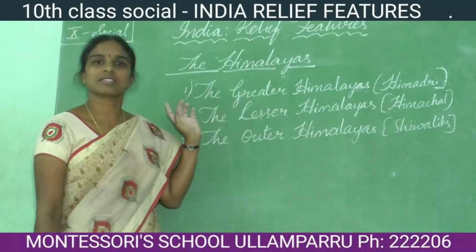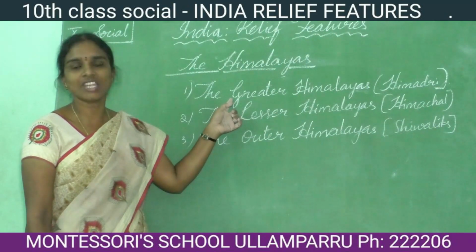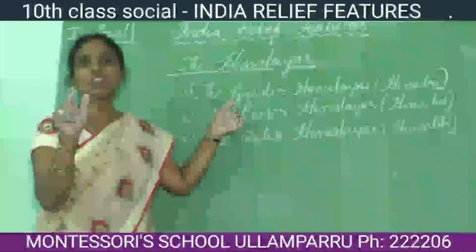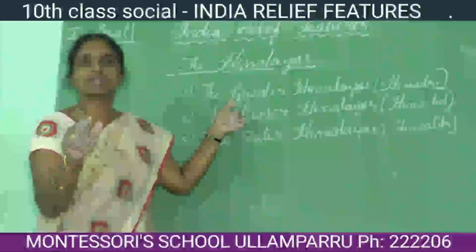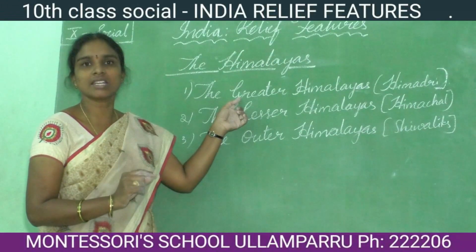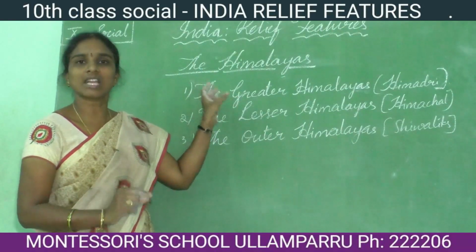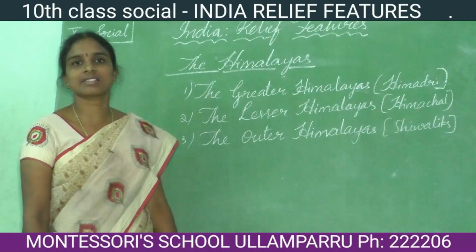The Greater Himalayas. The Greater Himalayas form the northernmost boundary of the Himalayas, which have the highest peaks with an average elevation of 6,100 meters from the mean sea level. In these Himalayan mountain ranges, we can observe the peaks are covered with snow and ice.